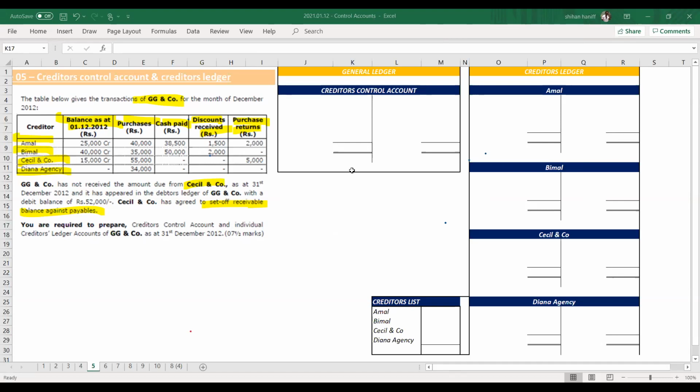What is the closing balance? If you take the individual accounts, let me do the individual accounts. This is creditors. So opening balance is credit 25,000. Purchases 40,000. Cash paid 38,500.